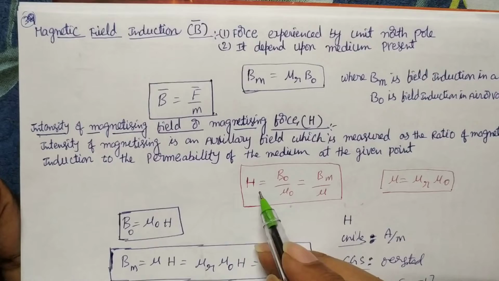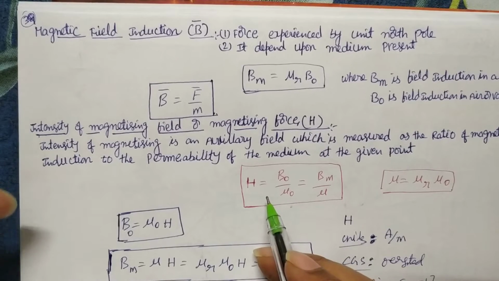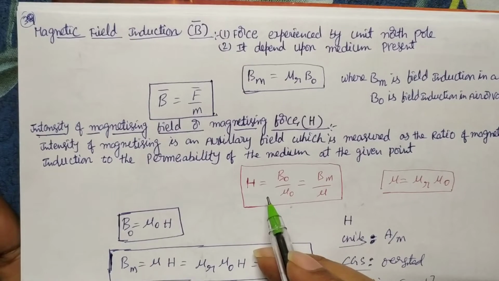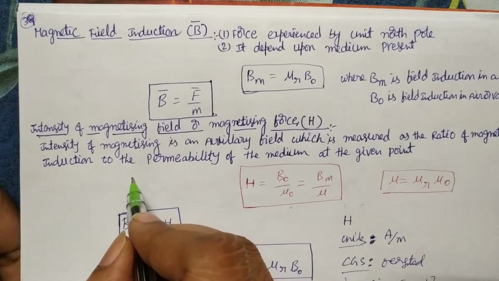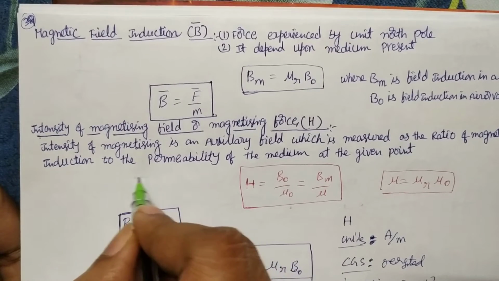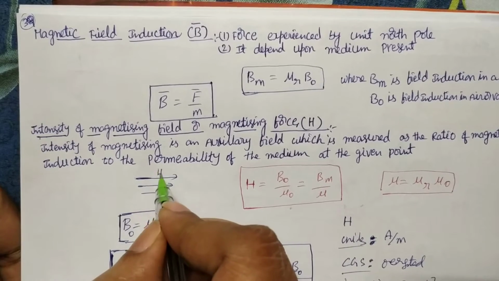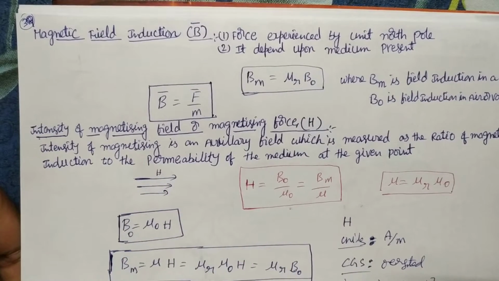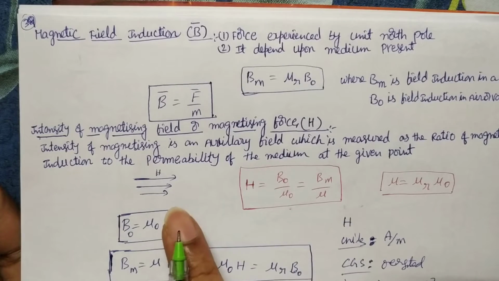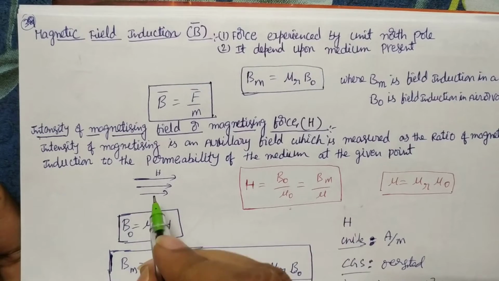Suppose you are applying an H field in vacuum, and even if you introduce some body there. Suppose here is some field H; flux lines I draw here. The magnetizing field or magnetizing force H is there in vacuum.